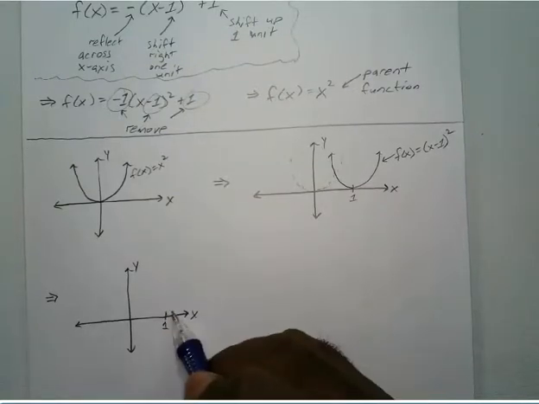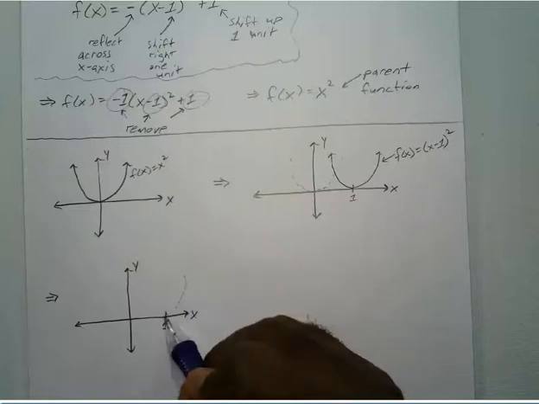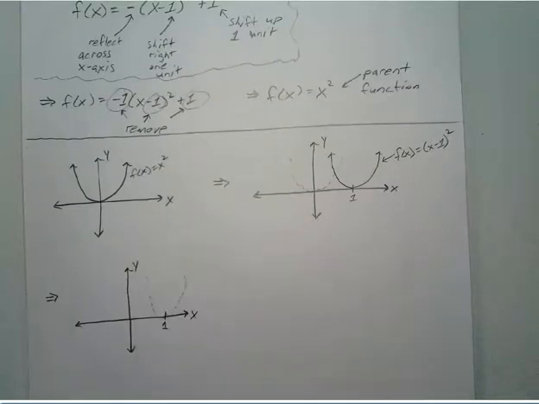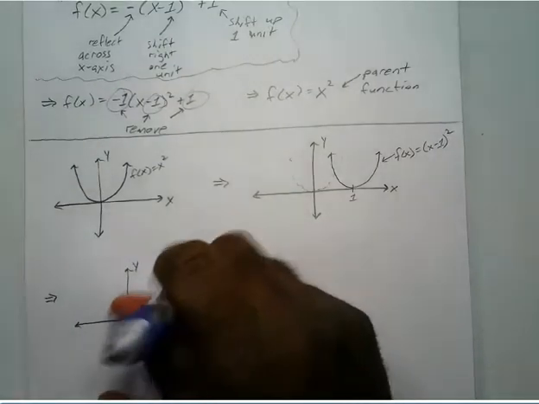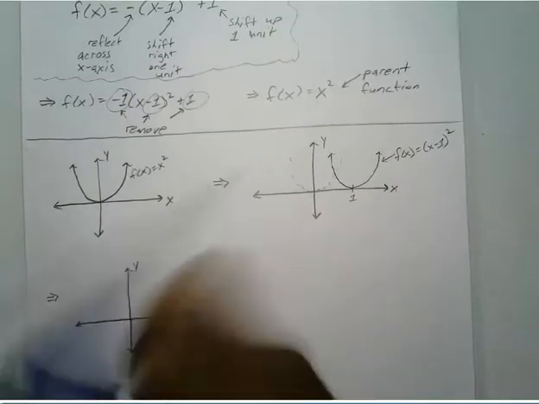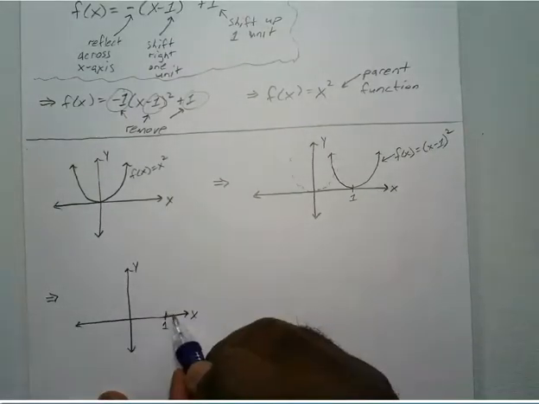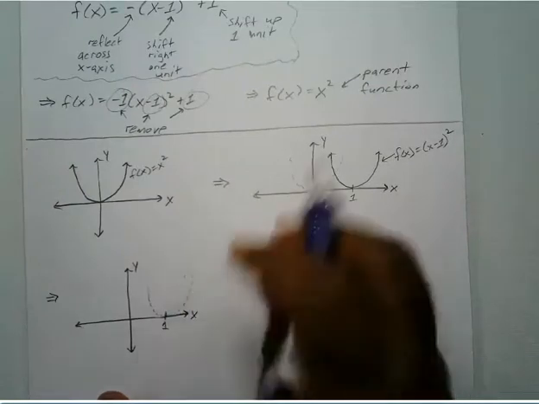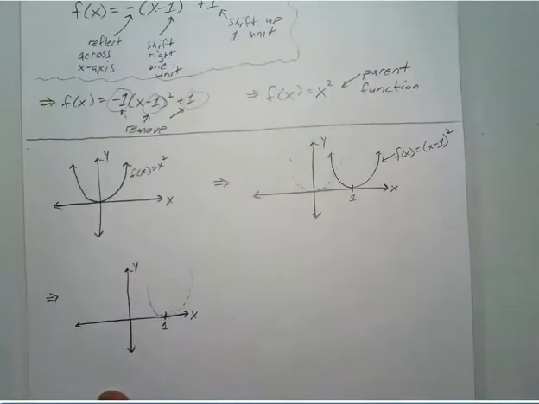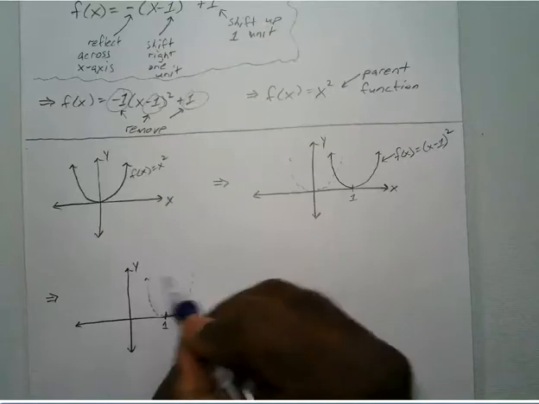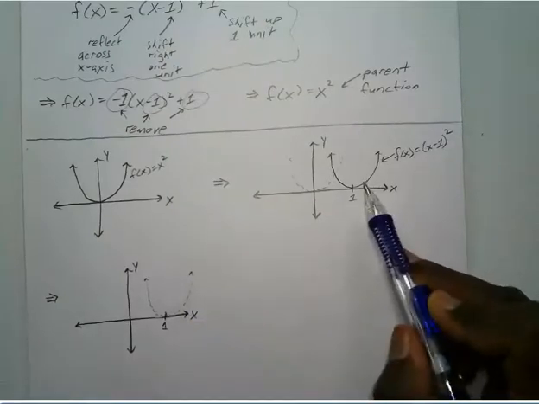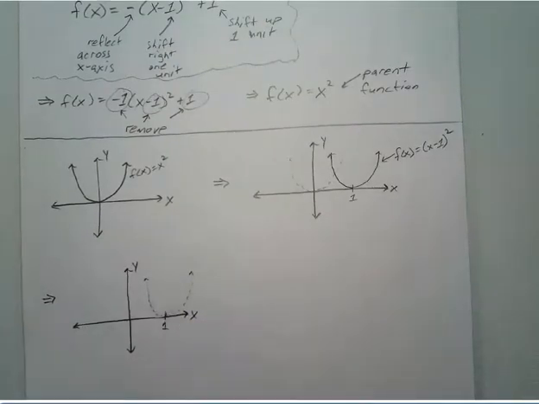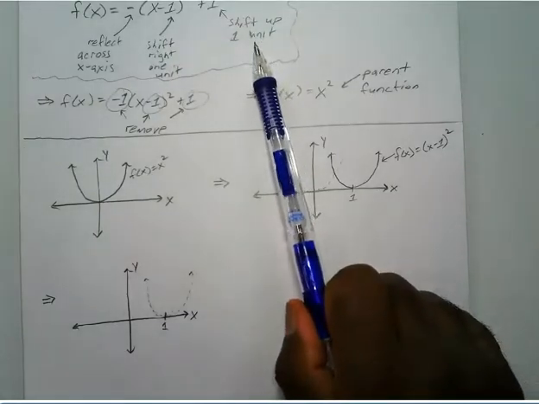And I'm just going to draw a little dotted graph from where we left off. All right, so that's our graph from this step. Just kind of moved it there. So now we're going to look at shifting it up 1 unit.